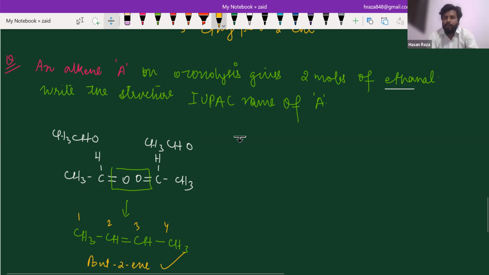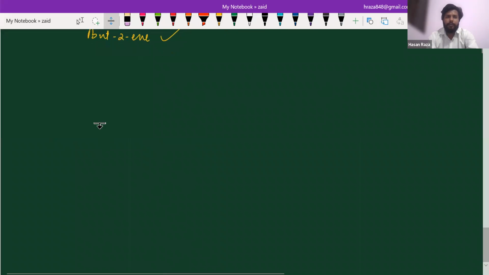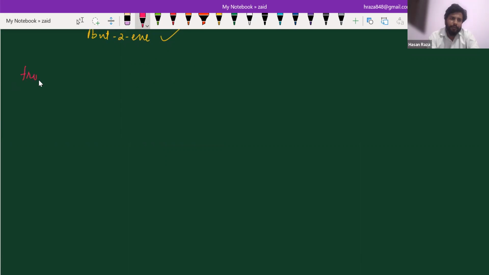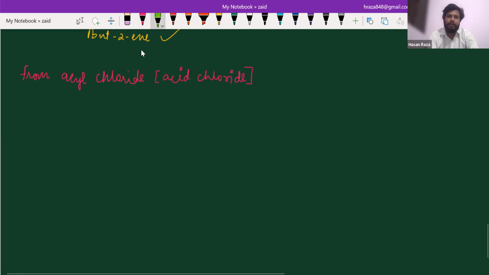Now we are moving to the next type of preparation, that is basically from acyl chloride, or we also call it acid chloride. This is a name reaction.